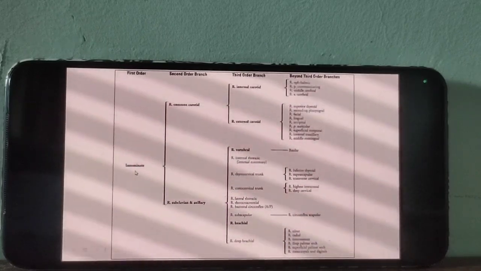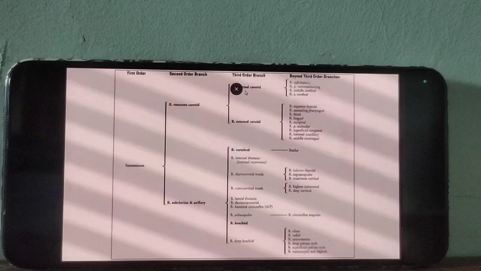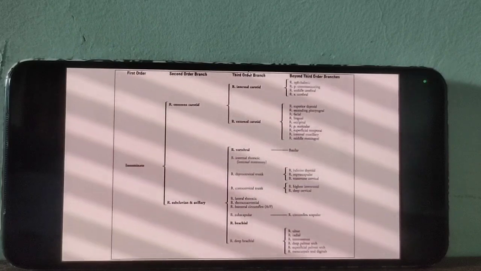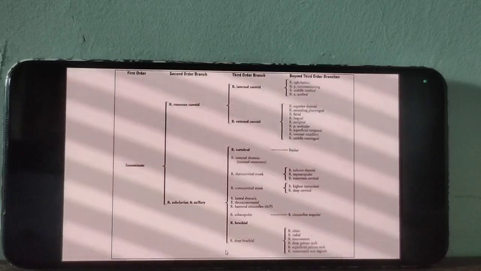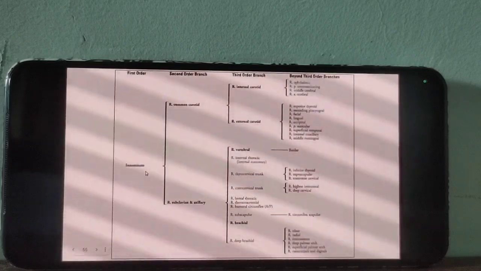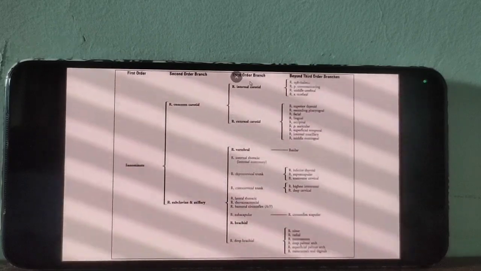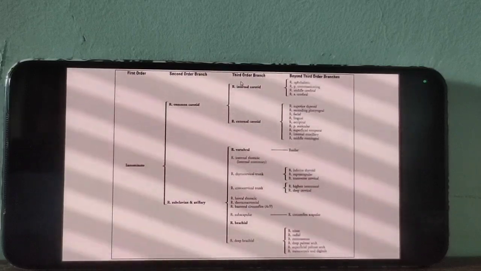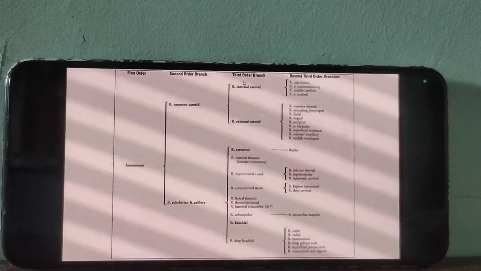So if the catheter enters through the innominate artery and terminates at the right internal carotid vein, that is the third order. This is the way you select the corresponding order.